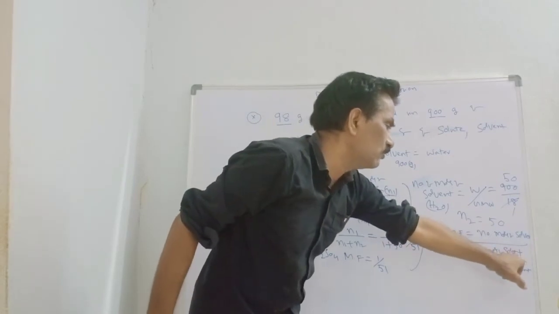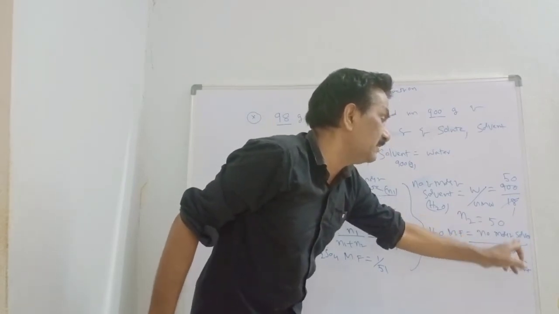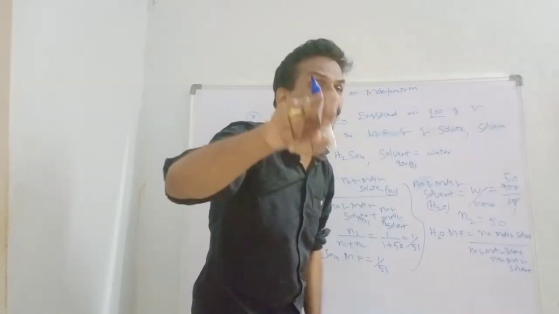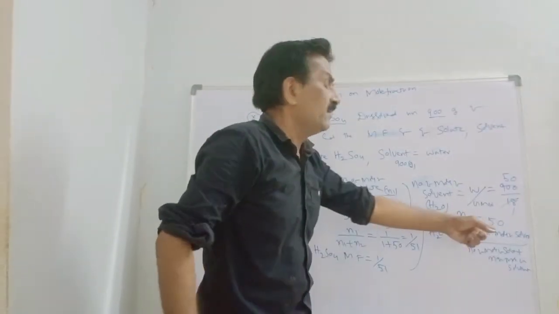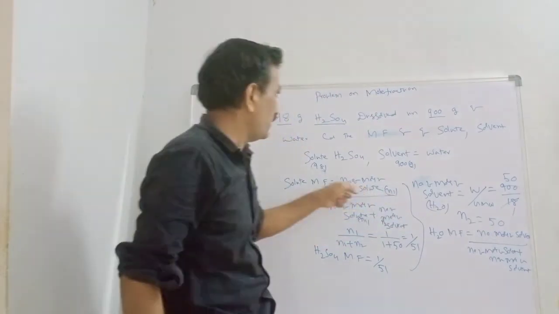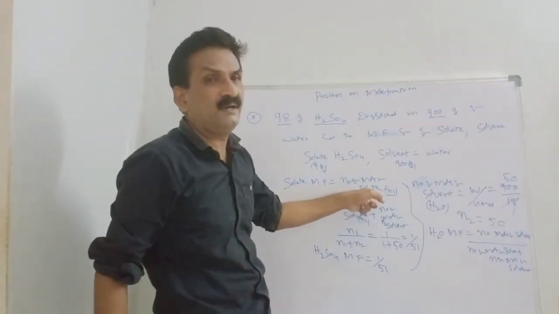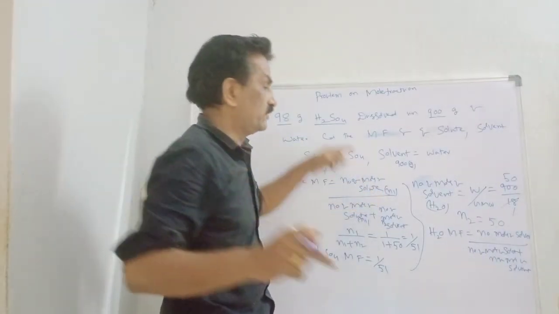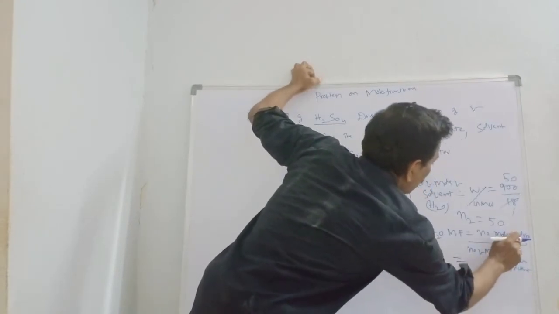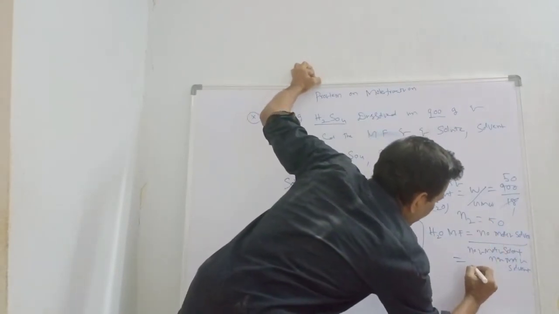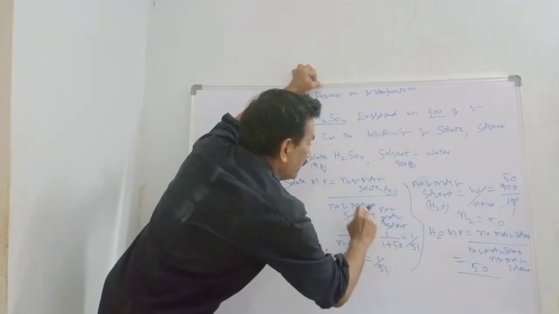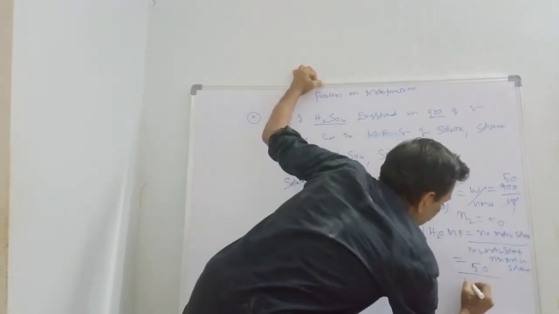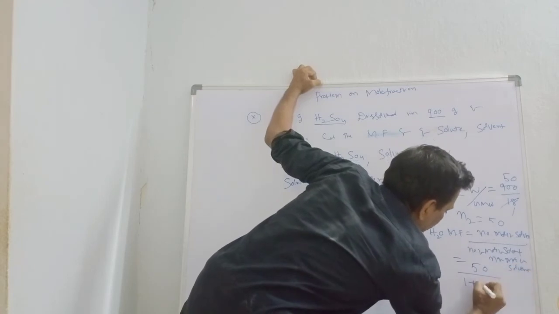You want to calculate the mole fraction of solvent, so you must mention the solvent on the numerator. Number of moles of solvent 50, that is N2, 50, upon number of moles of solute 1 plus number of moles of solvent 50.